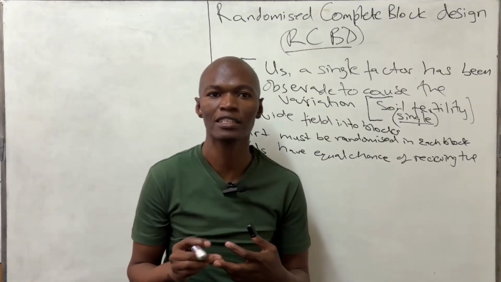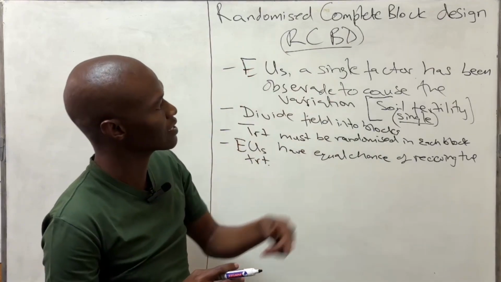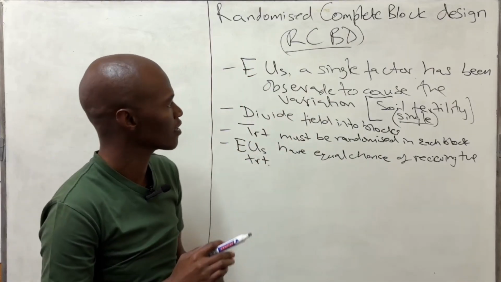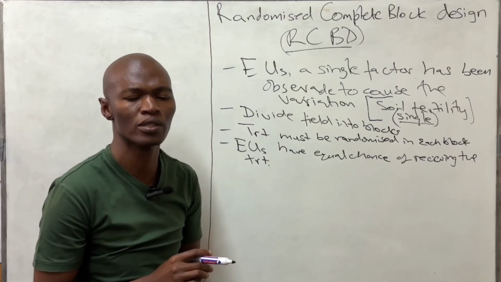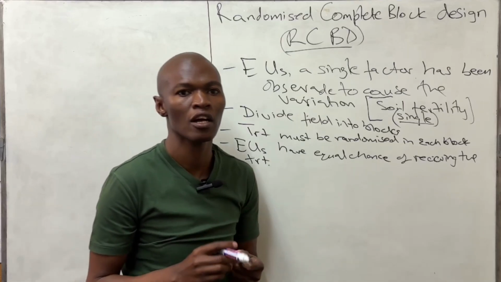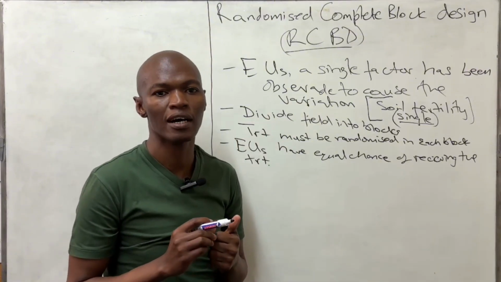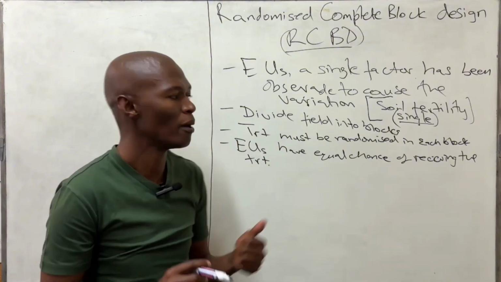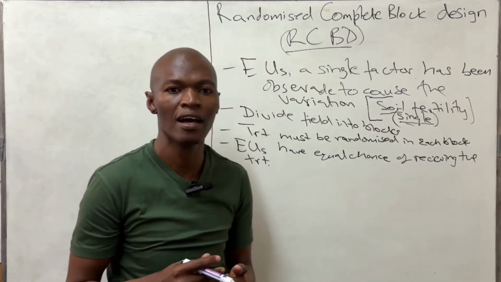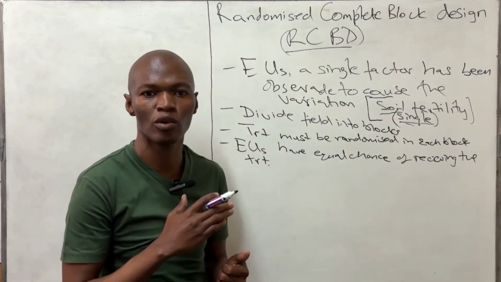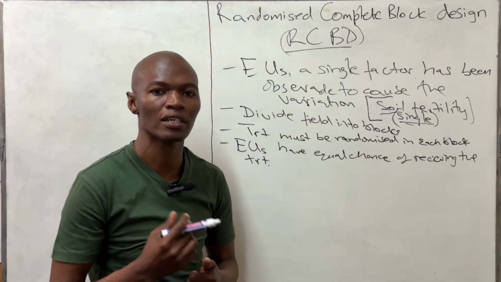We call that a randomized complete block design. This is also one of the most important experimental designs that we use in agricultural research, because if you are not using this design, but you notice that there is a single factor that is not the same in your experimental units, you will end up not getting the correct results.